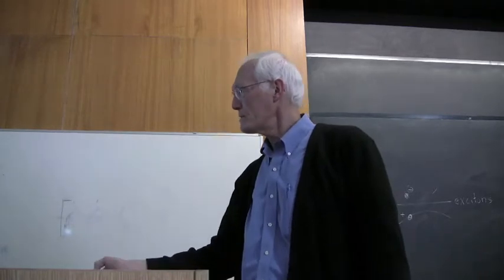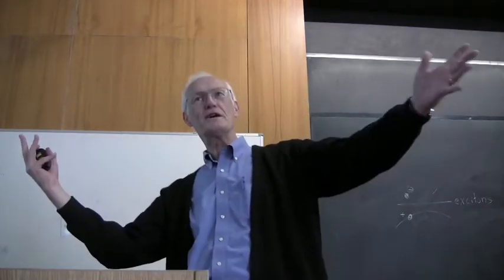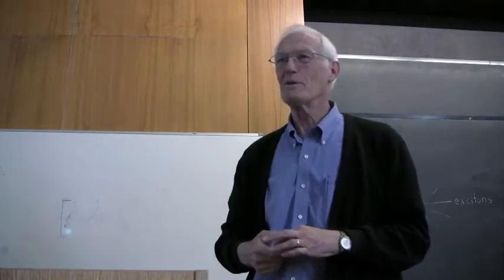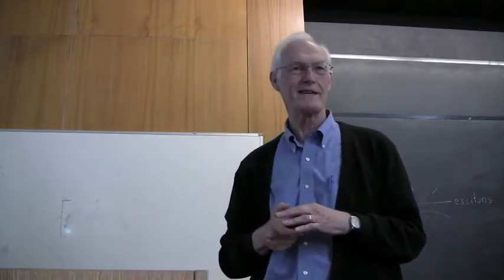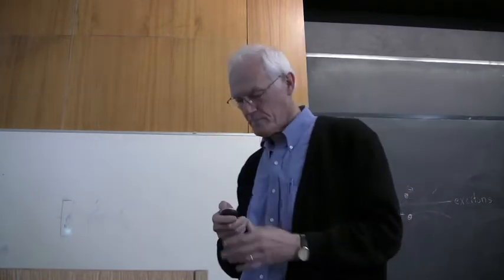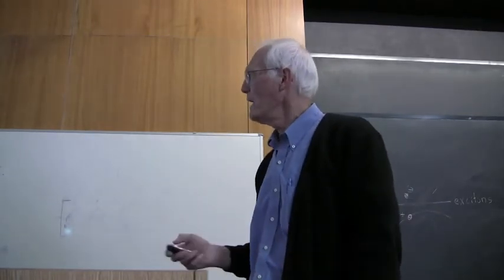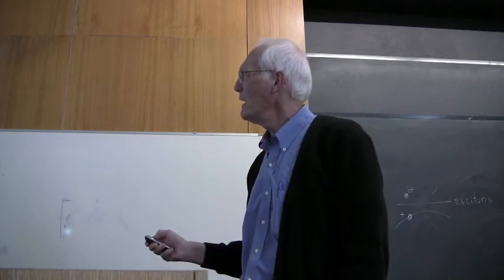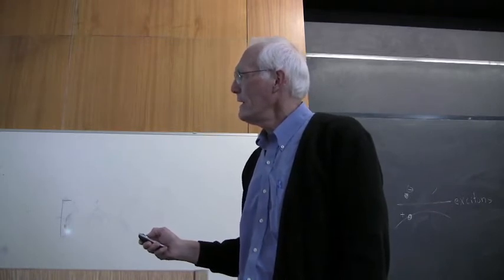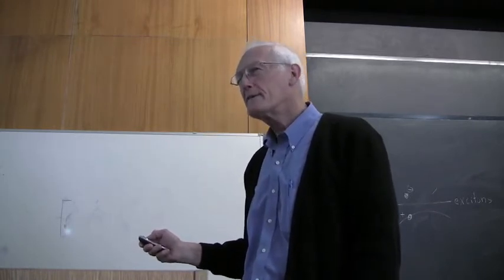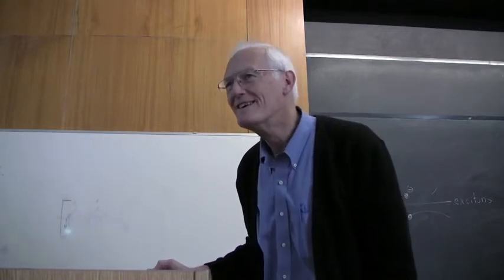So the question would be, why is this so good? We made this horrible approximation that it's just the same functional as at the ground state. Why was DFT so good in the first place?